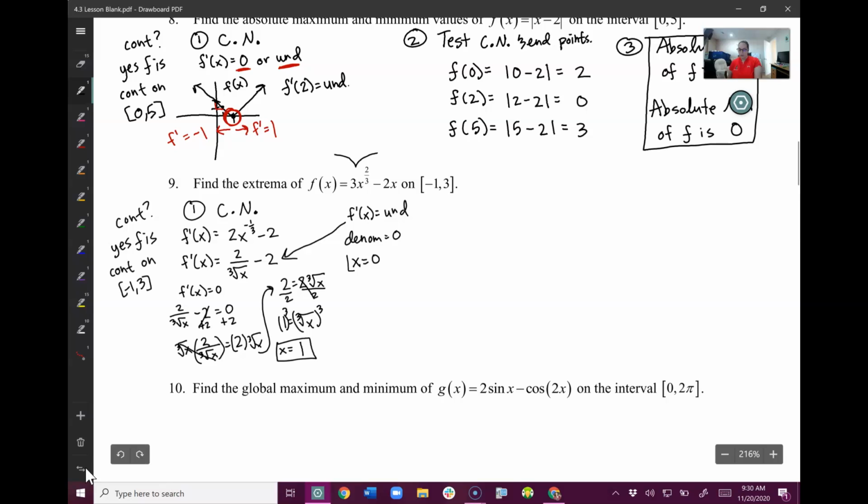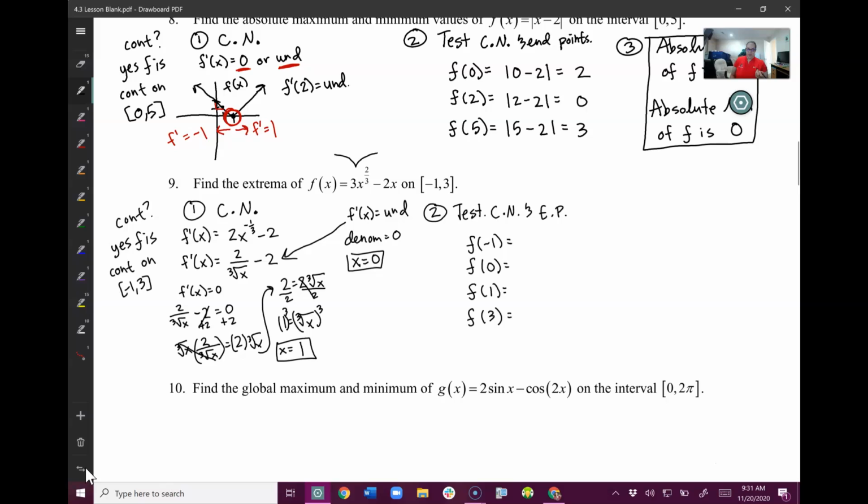So those are my two critical numbers. So step 2, let's test our critical numbers and our endpoints. So I have f of -1, f of 0, f of 1, and f of 3.